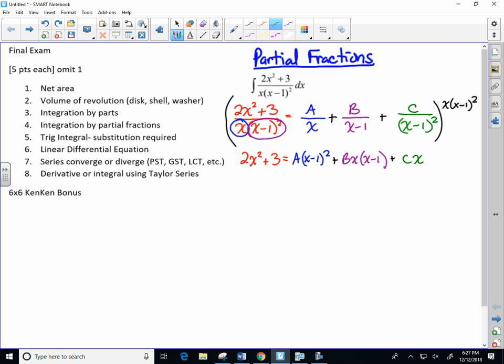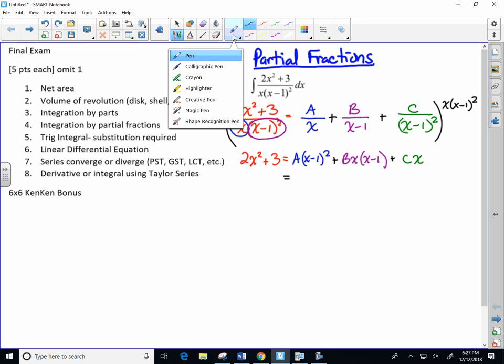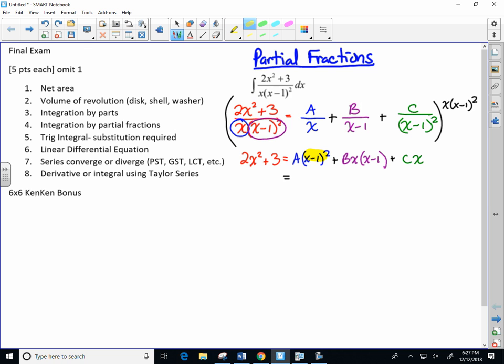All right, and there's a bunch of different ways to handle partial fractions. The way I like to do it is to distribute everything out on the right-hand side and write our linear equations, or equations, not always linear. So this part, I'll just highlight it, is going to become x squared minus 2x plus 1.